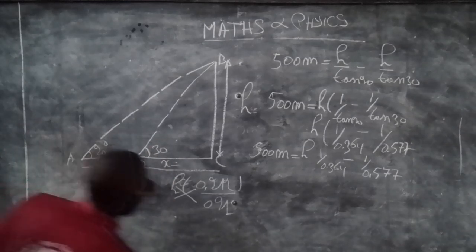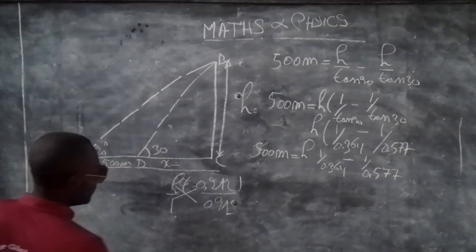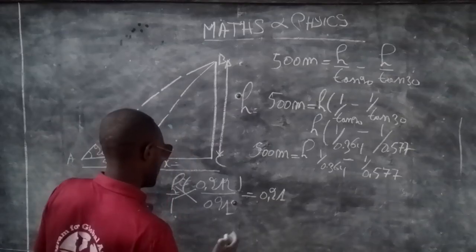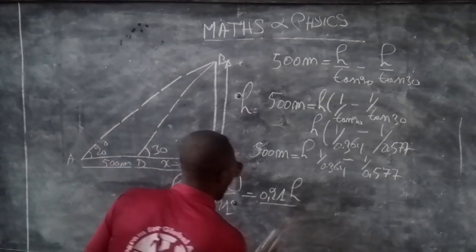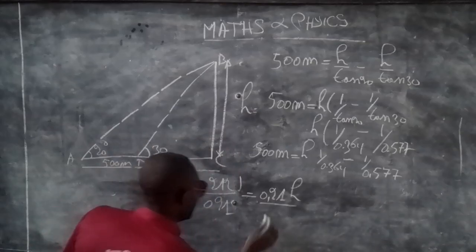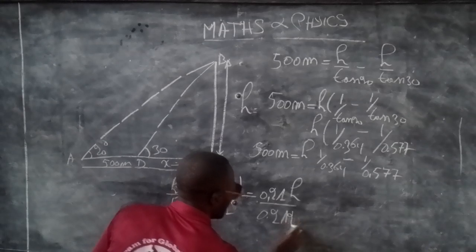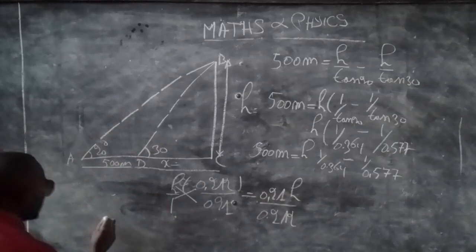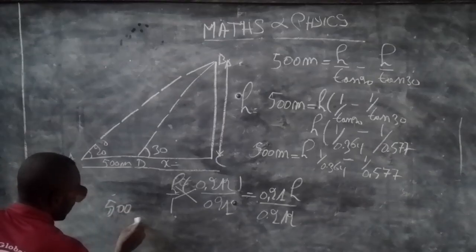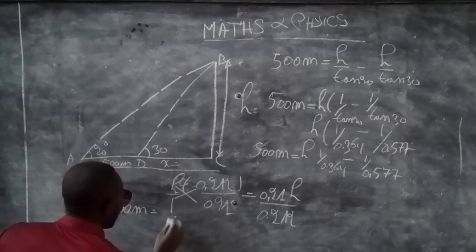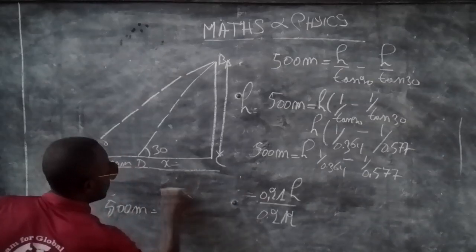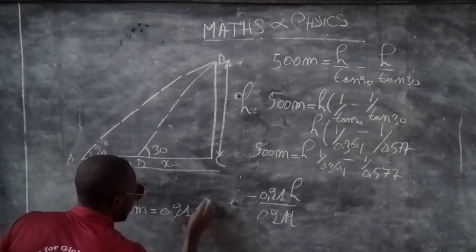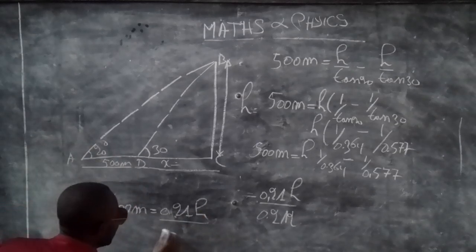So let's do it this way. Here we have 500 meters equal to 0.212 h over 0.21.